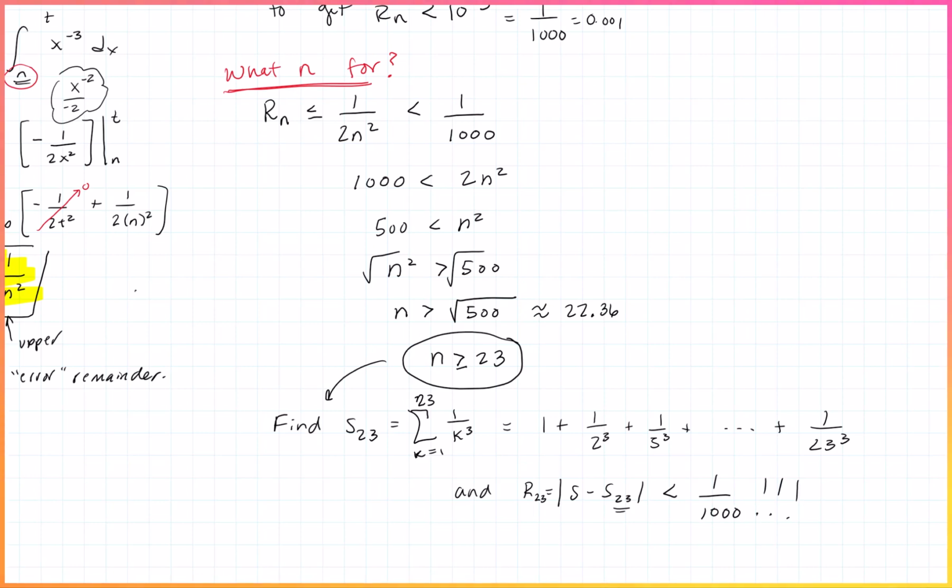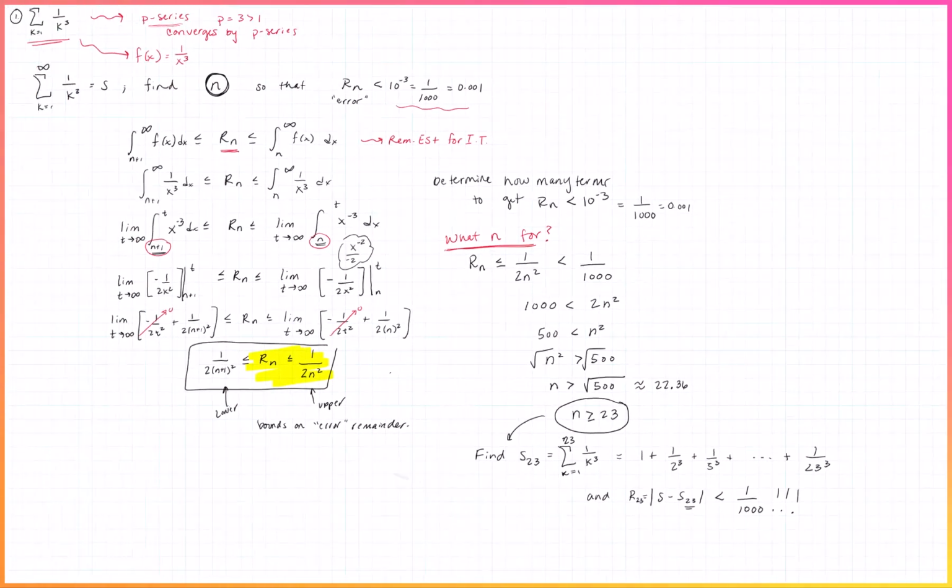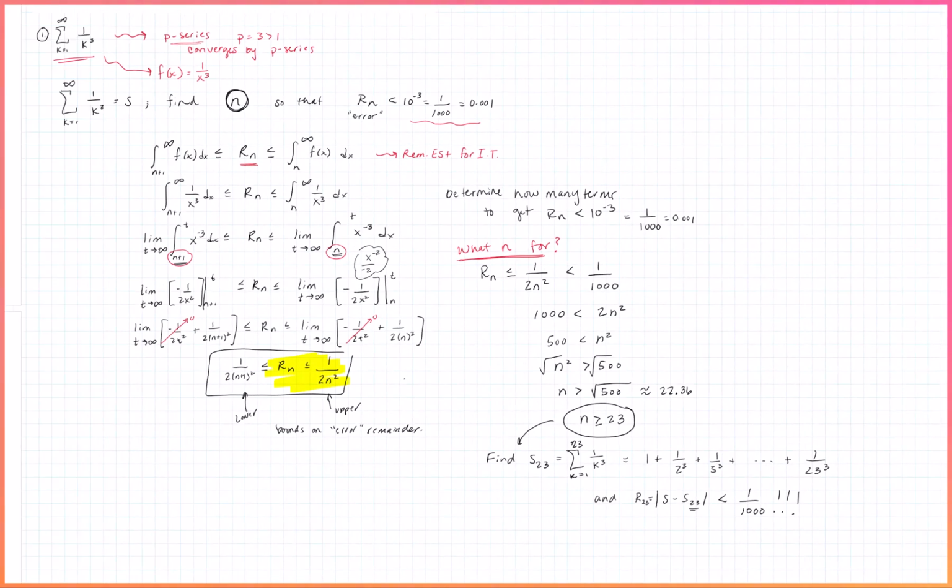And that's kind of an interesting thought right there. We're talking about an infinite series here, like adding up an infinite number of numbers, but we just showed, using that remainder theorem for the integral test, that for this particular series, if we added up just the first 23 terms, we would be within 1/1000th of the actual sum. So we're talking about infinity versus 23.